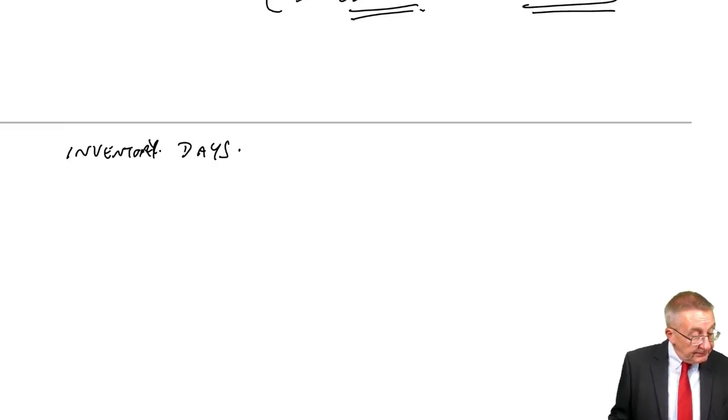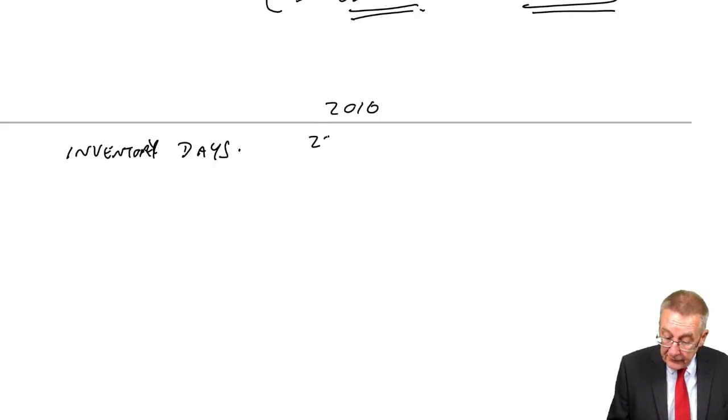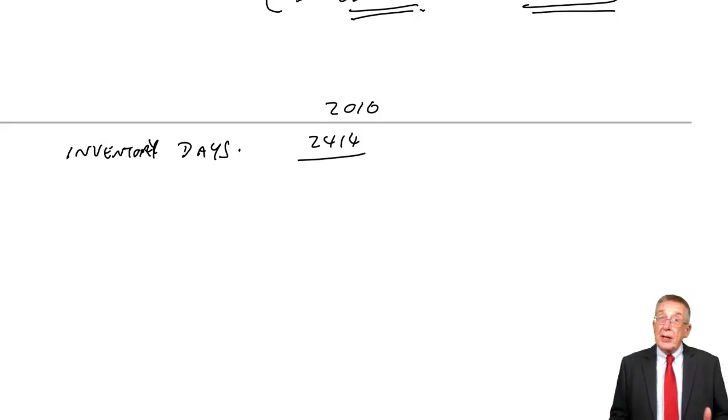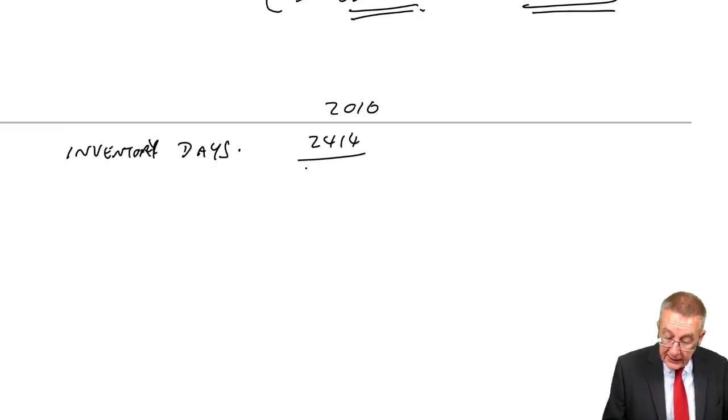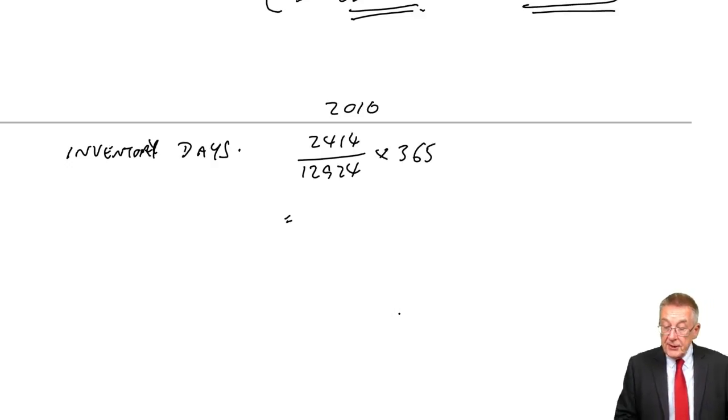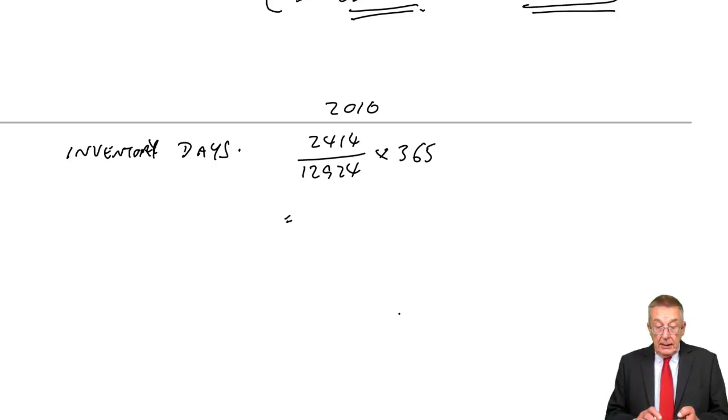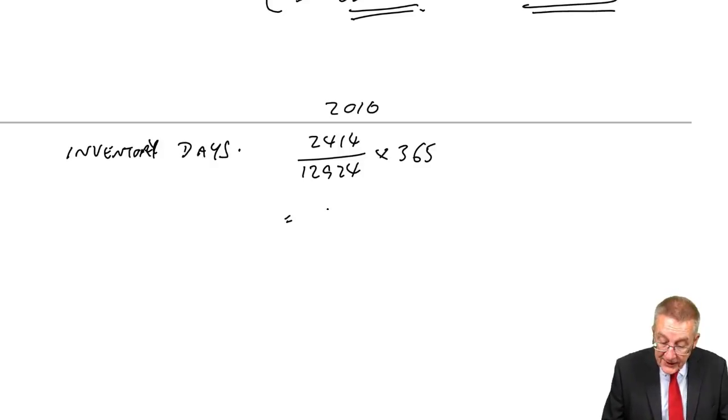We take the inventory, which in 2010 is 2414, divided by the cost of sales. Remember, inventory is valued at cost. So cost of sales 12924. Again, times 365. 2414 divided by 12924 times 365 gives me 68 days.